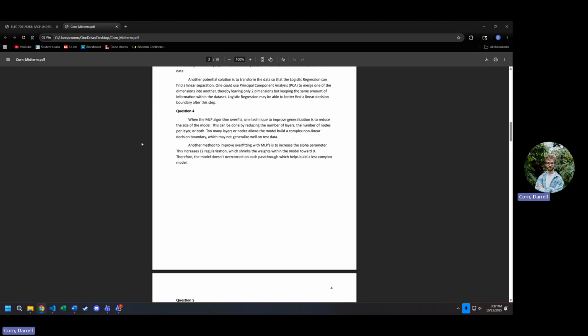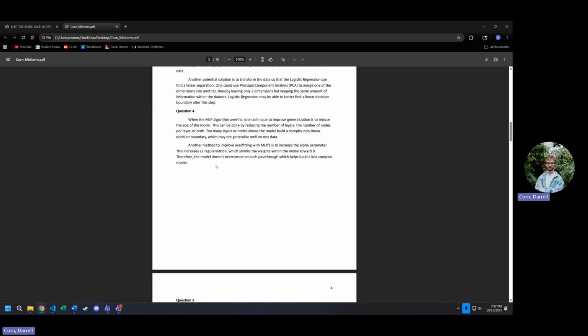So you could try to reduce the size of it by reducing the number of layers in the model, or maybe the number of nodes per layer, or maybe even both, really. If you have a lot of these layers and nodes, it allows this multi-layer perceptron to find this really complex decision boundary in the training data, and it fits very well to the training data, but it might not generalize well to deployment or test data.